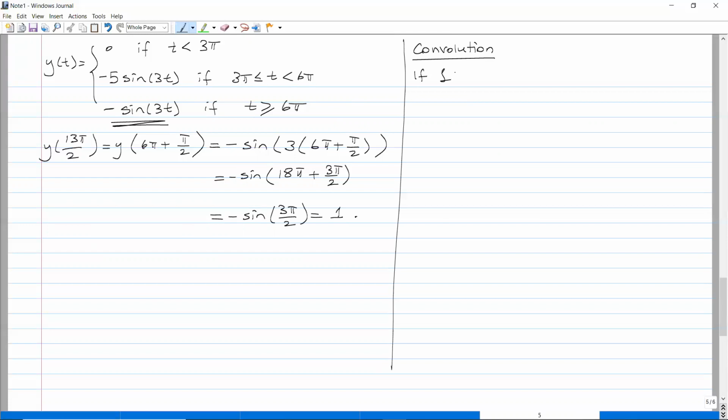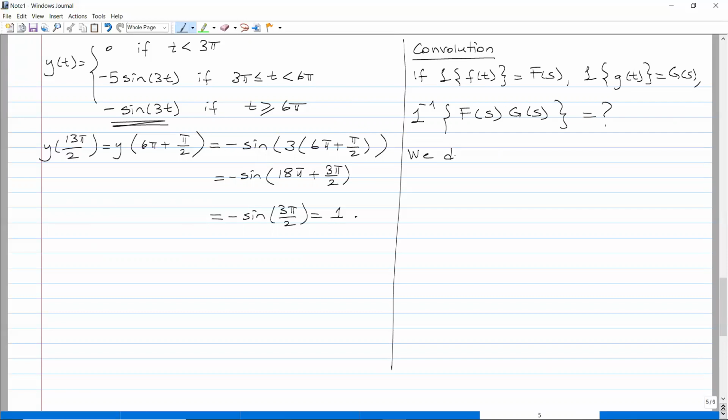If we know that the Laplace transform of some function f is capital F of s, and the Laplace transform of g of t is capital G of s, can we find the Laplace inverse of the product of the two functions? In other words, which function has Laplace transform which is the product of capital F and capital G? And the answer to that is the convolution.